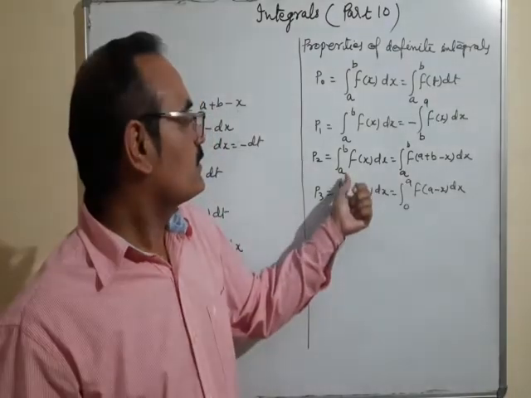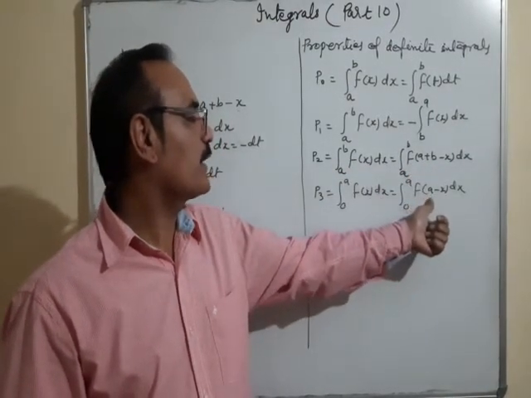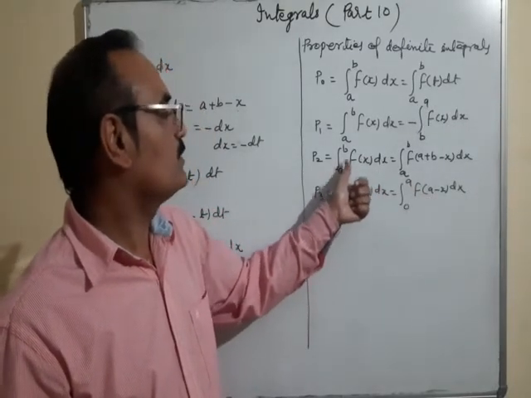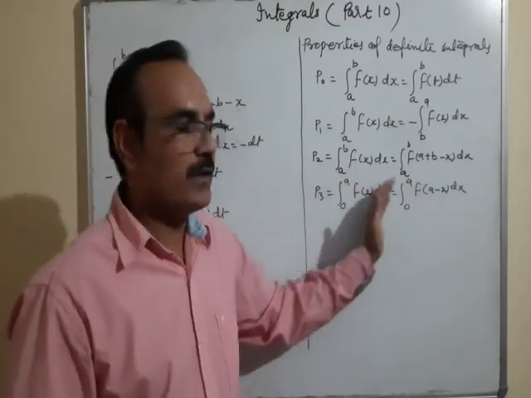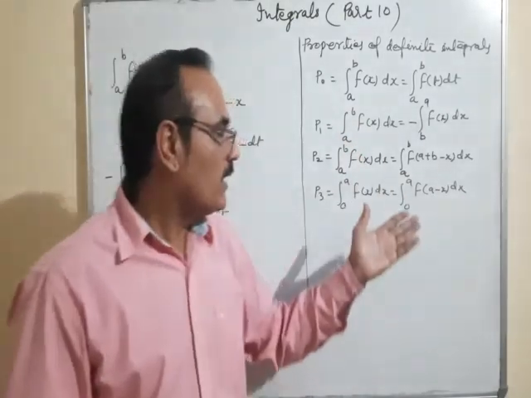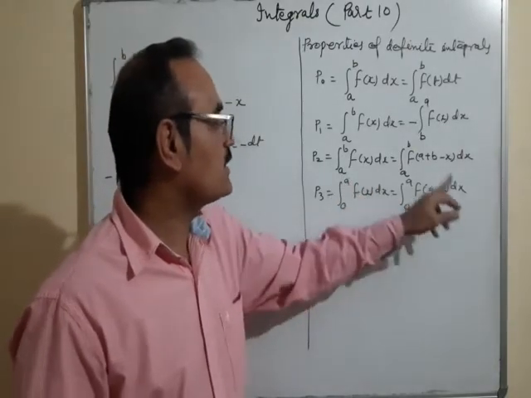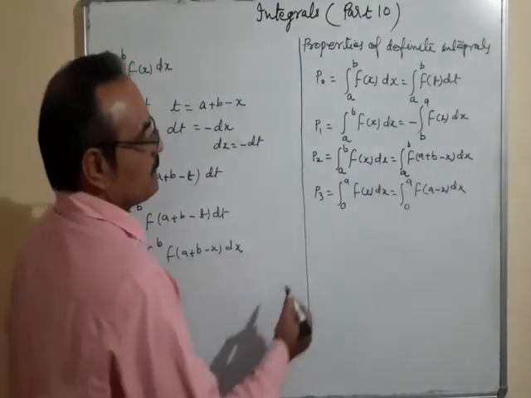Or simply in property number 2, if you put a is equal to 0, lower limit is 0 and upper limit b, you get this term. Or you can understand it like that, f of a plus 0 minus x. Same thing. Okay. So this is P3.